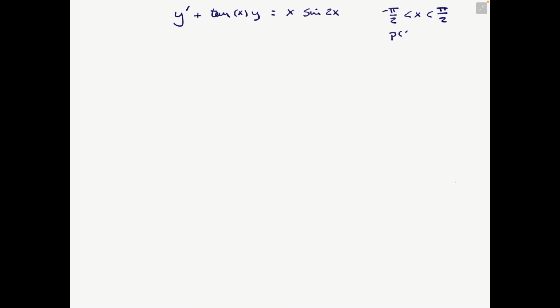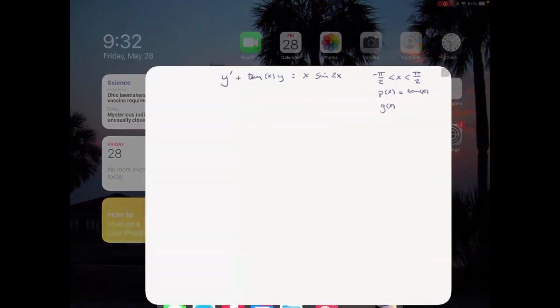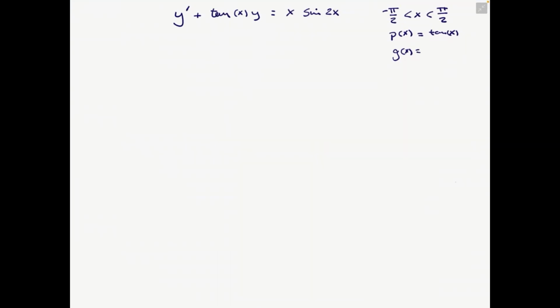Okay, so now we have an interesting problem here, because we've got p of x is equal to tangent of x, and g of x is equal to x sine of 2x.